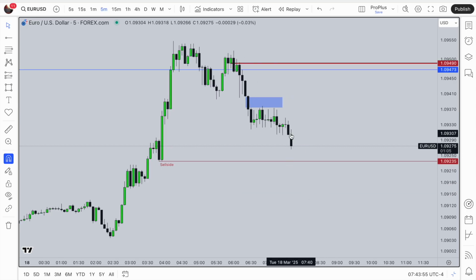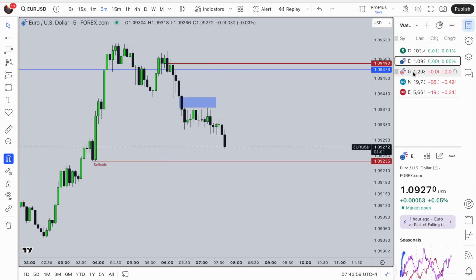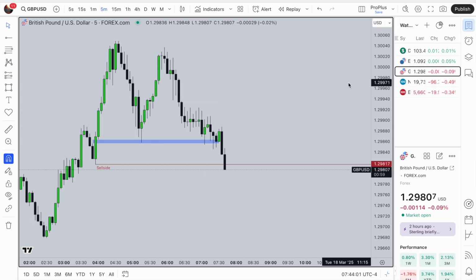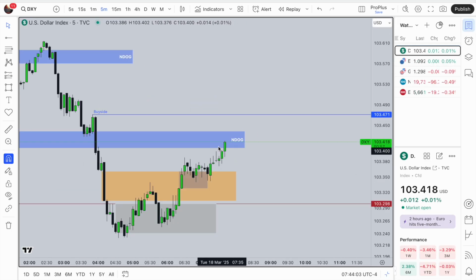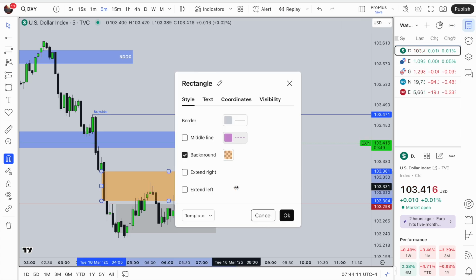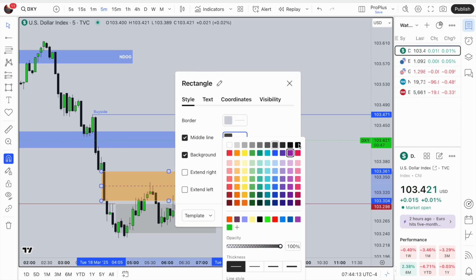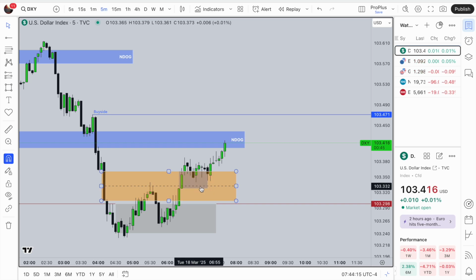Okay, so we've had that closure there at the 7:35 candle. Pound is around the sell side here. Dollar is running into the daily opening gap here. Look how it respected this as an inversion as it closed above. Treated the midpoint nicely, so it didn't even get close to that.